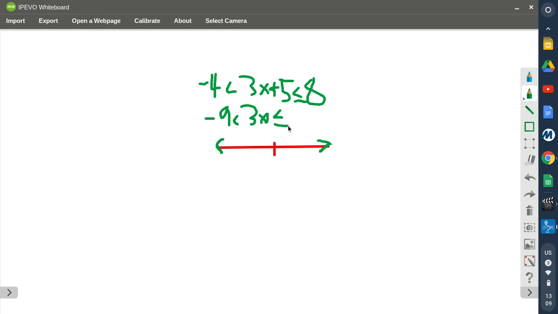So you say 3x is smaller than or equal to 8 minus 5, which would be 3. So you now have this, and now you have to divide by 3 to get x by itself. So you have negative 3 is smaller than x, and x is smaller than or equal to 1.